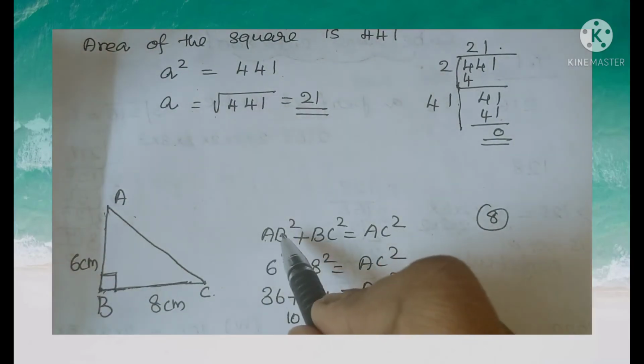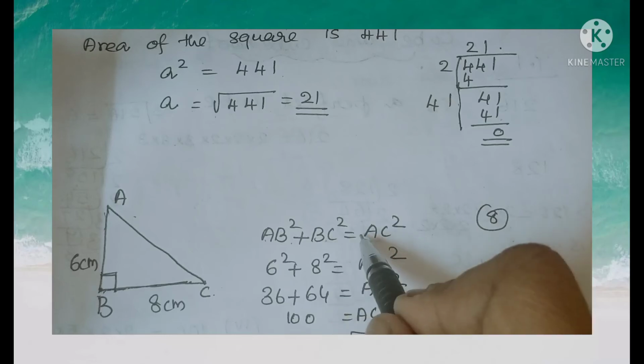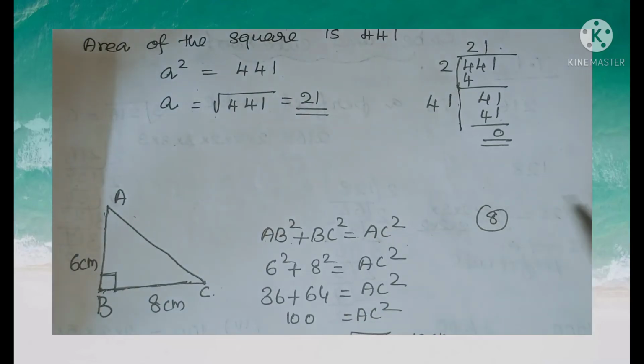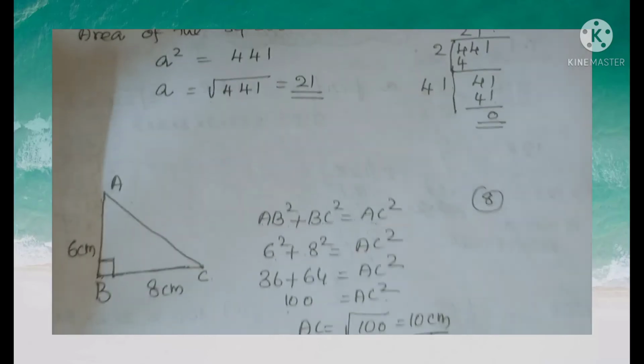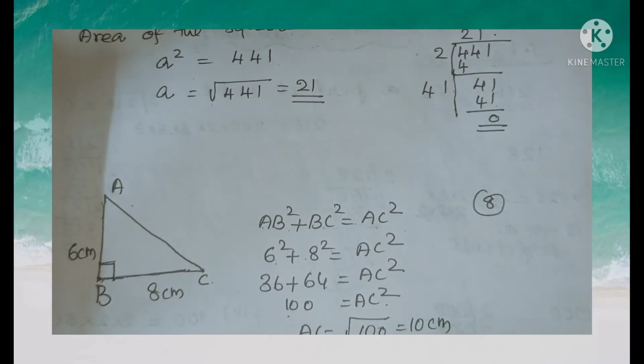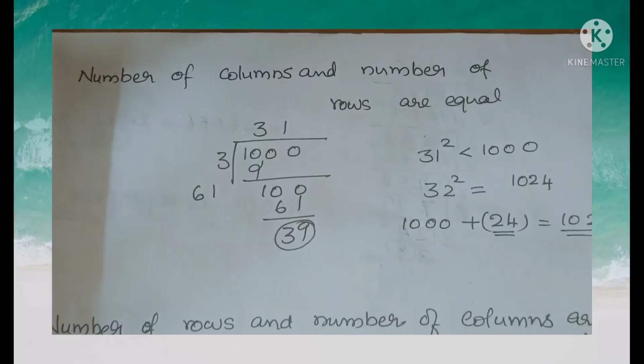So AB square plus BC square is equal to AC square. That is 6 square plus 8 square. 6 square is 36, 8 square is 64. Adding, we got 100, that is AC square. So AC is equal to root of 100, which is 10. Therefore the hypotenuse is 10 centimeters.